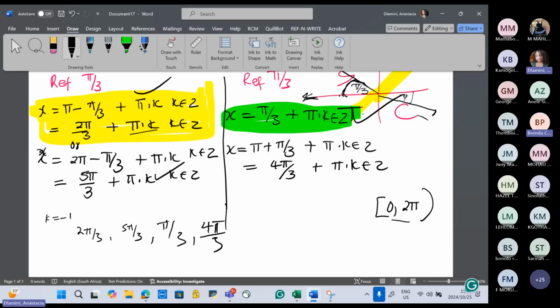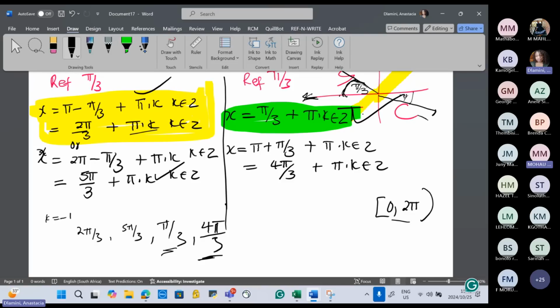Next one. If I choose -1, what do I get? It's pi over 3, we already have it here. If I choose 0, 4 pi over 3, we already have it here. If I choose 1, it's 7 pi over 3.